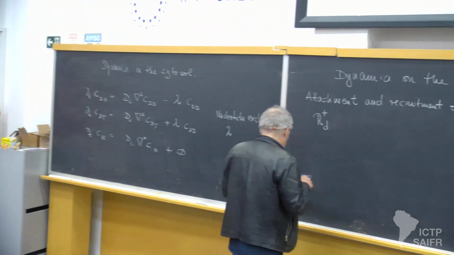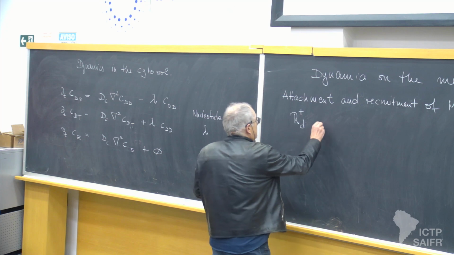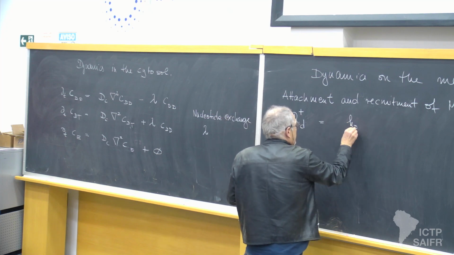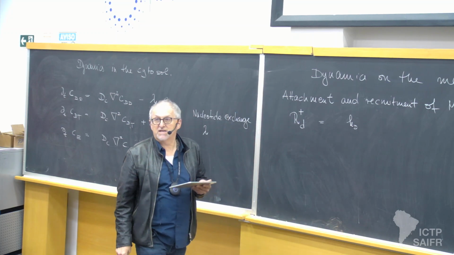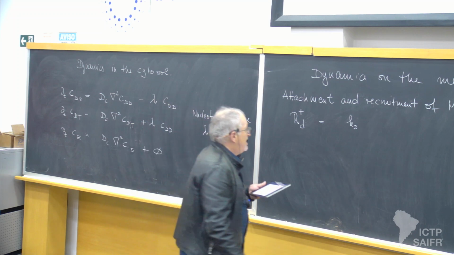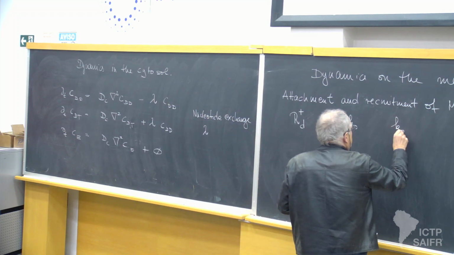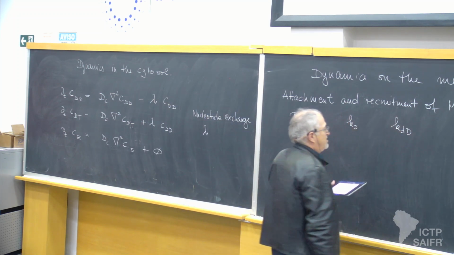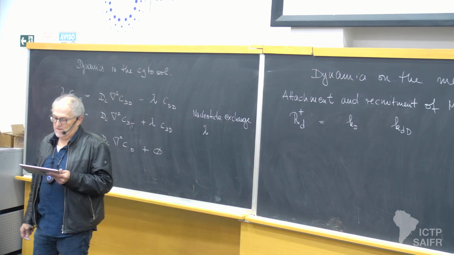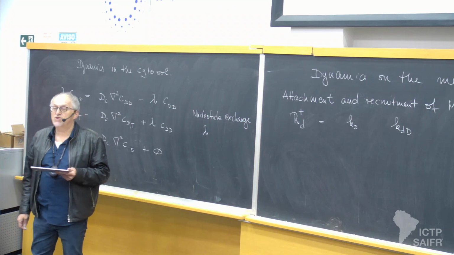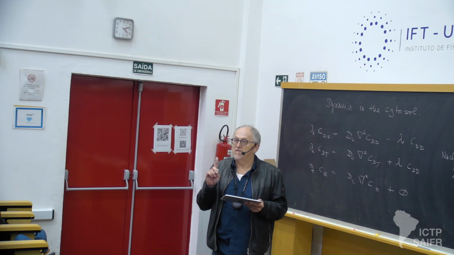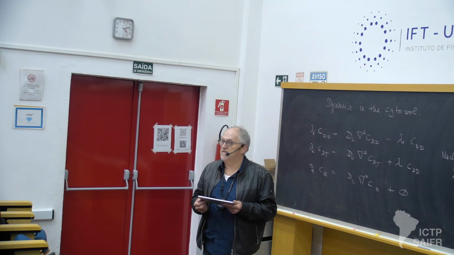Okay, so if you do have that, then what should you write down when the basal attachment rate, so Kd is the attachment rate of the cytosolic min-D to the membrane, and the recruitment rate is Kdd because it connects the two proteins, the one on the membrane and then the one in the cytosol. So what should I write now according to mass action law? We had this. What is the corresponding rate?